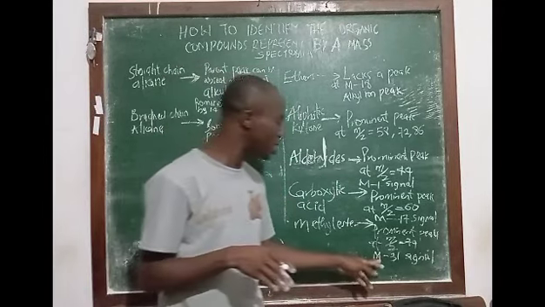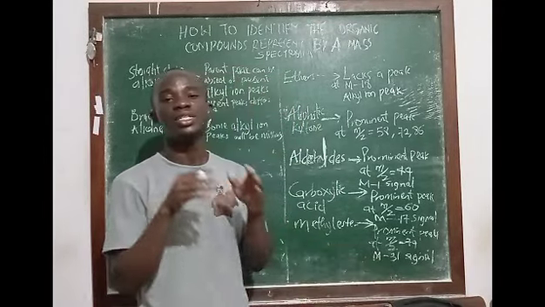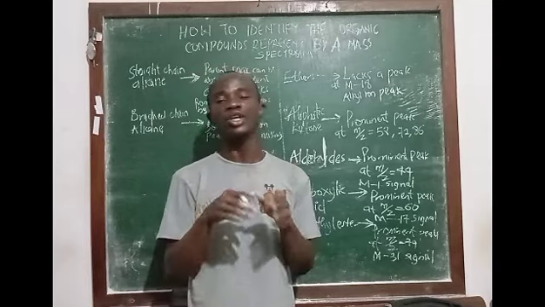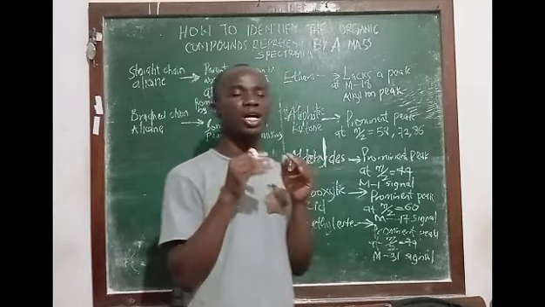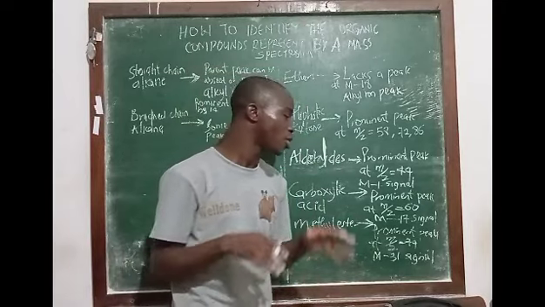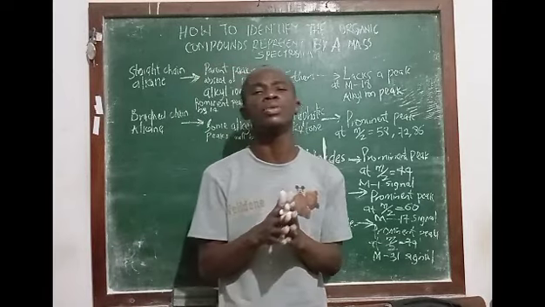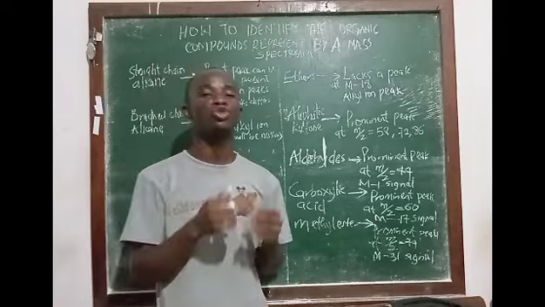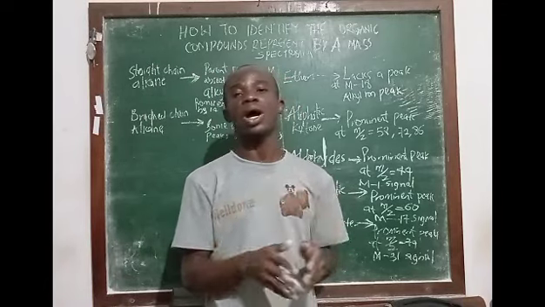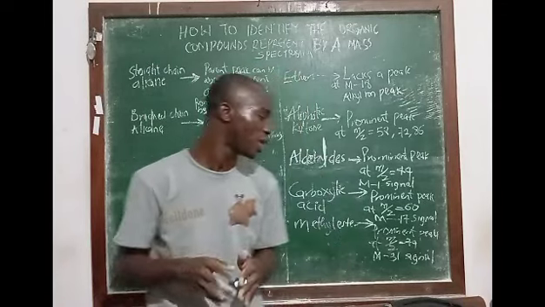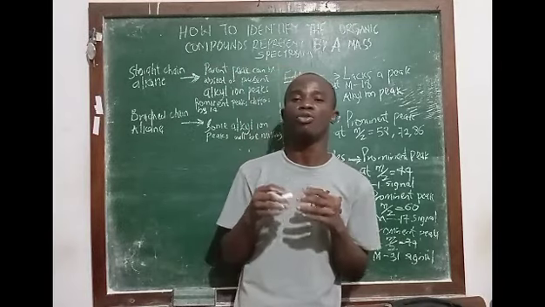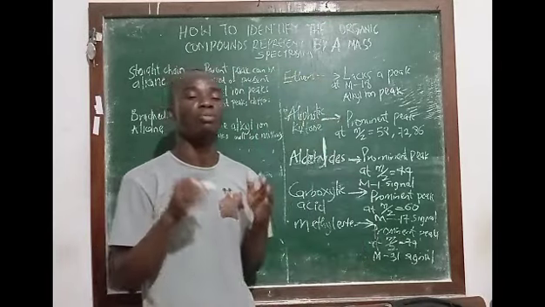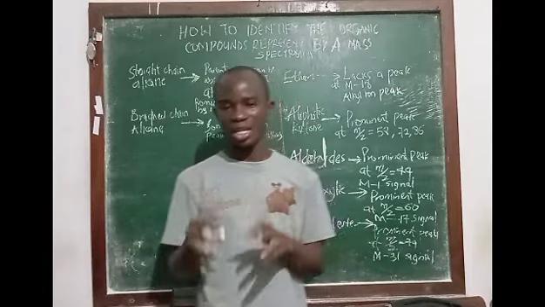Please note that this M in this case is the molecular ion peak or the parent peak. So in a spectrum for methyl esters, we will have a prominent peak at 74 due to McLafferty rearrangement, and we are also going to have a peak at M-31 due to removal of a methoxy group from the methyl ester.